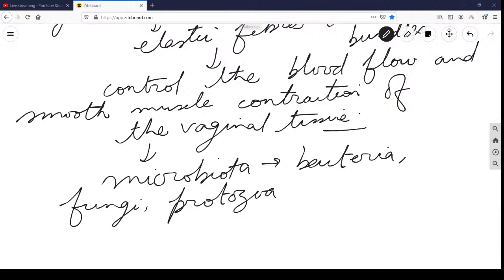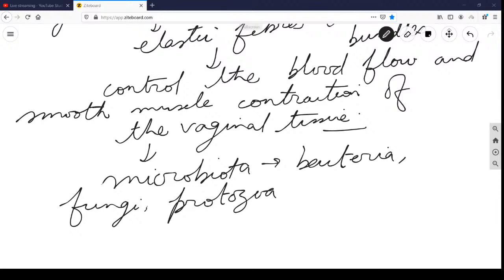Some of these microorganisms can be sexually transmitted, which we will talk about in the sexually transmitted diseases section. Now, cells of the vaginal epithelium accumulate large amounts of glycogen under the influence of estrogen.